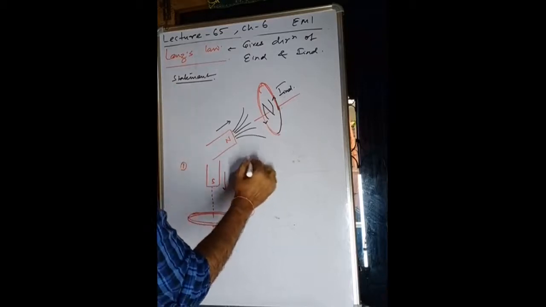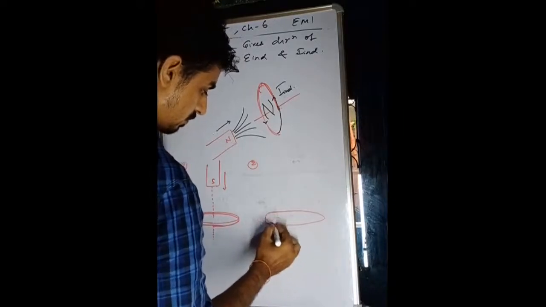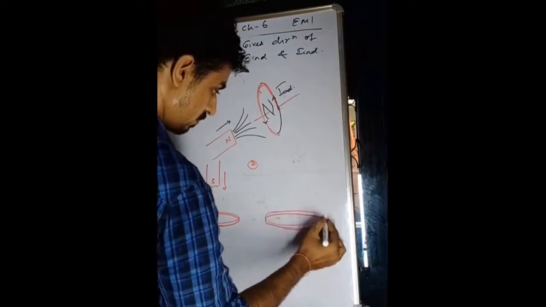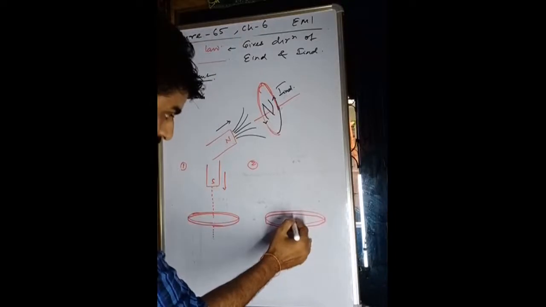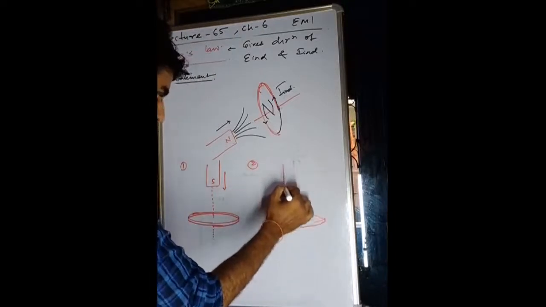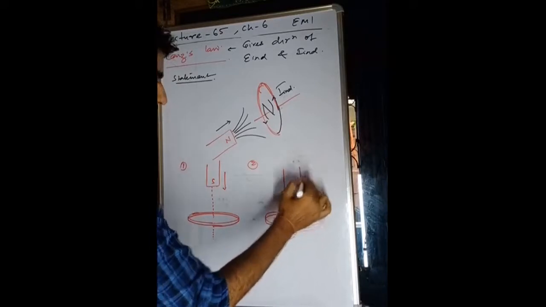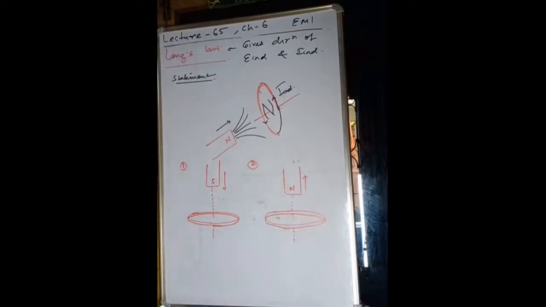Second one. This is the north pole, it is going away. The plane of the coil, you look from above. Here are the two examples.